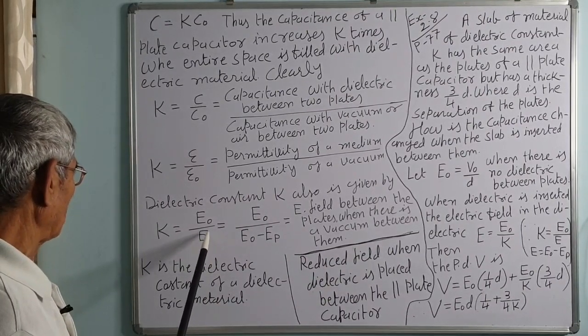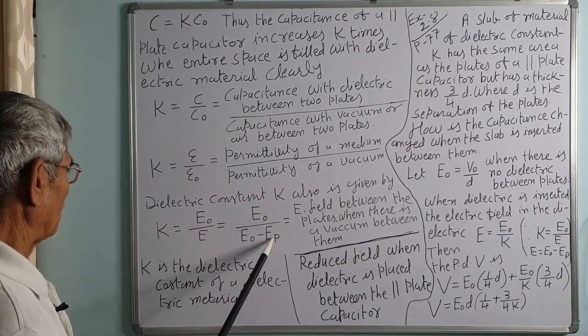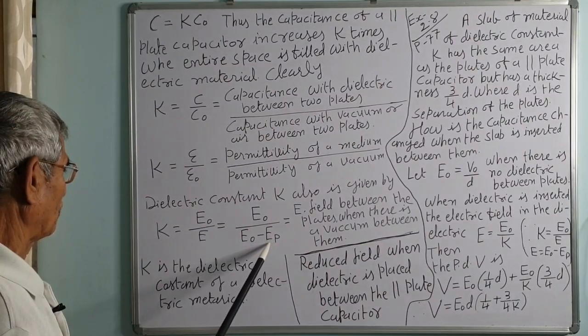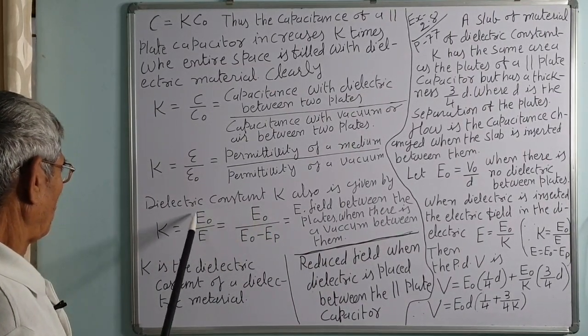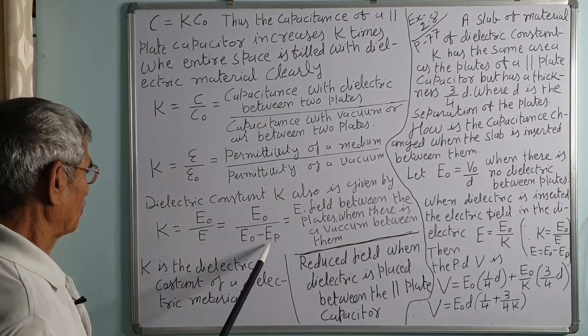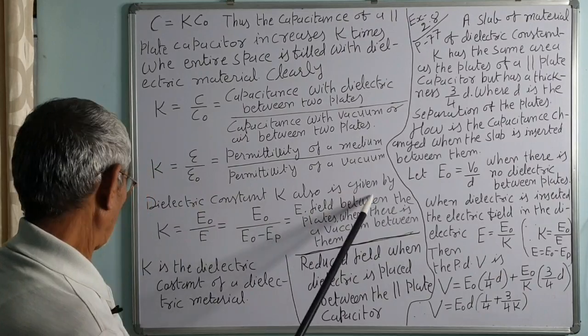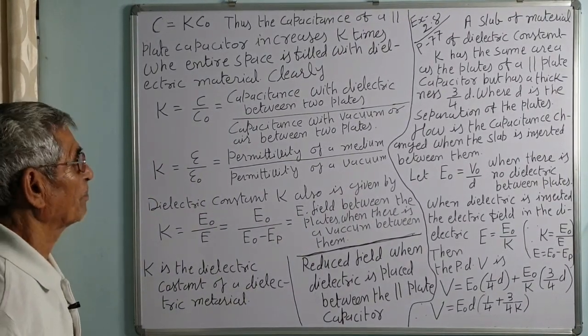Due to the polarization, the field is reduced, that is given by E0 minus EP, where EP is the field developed due to the polarization, that is the induced field. It reduces by the amount EP, correct. K is the dielectric constant of a dielectric material.